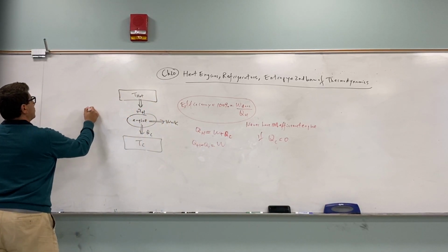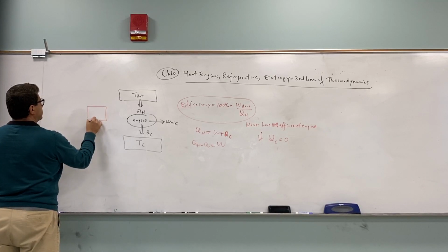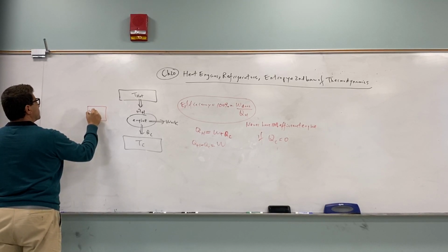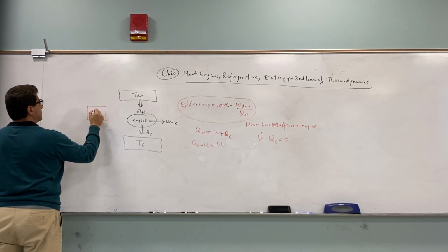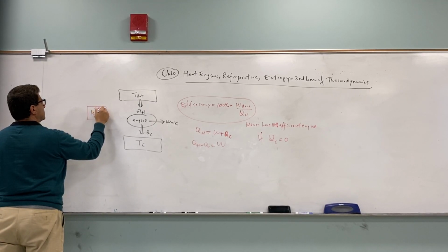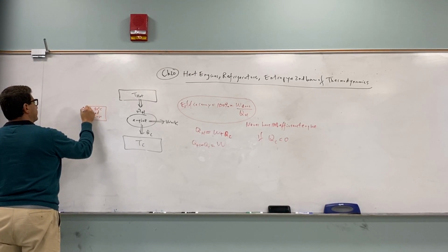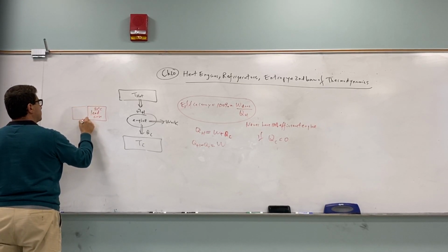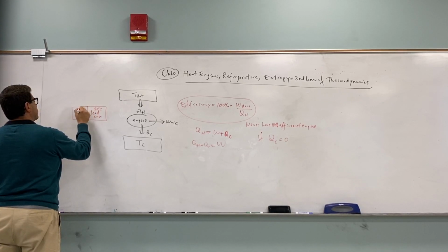So one way to visualize this, imagine the hot reservoir is a brick of lead, a lead cube at 80 Celsius. Then you bring with it ice at 0 Celsius.